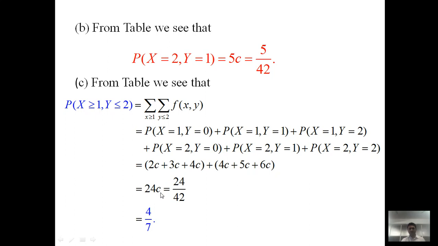But c is 1 by 42, so 24 by 42. So finally we can say that the probability of the event when the random variable x is greater than or equal to 1 and random variable y is less than or equal to 2 is 4 by 7. So thank you so much for paying your attention.